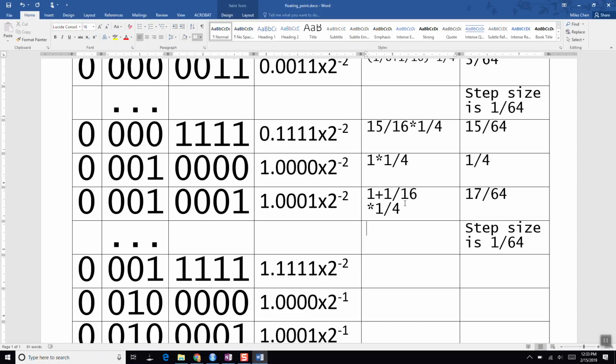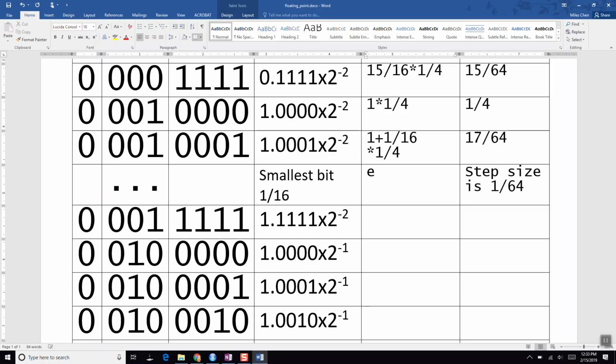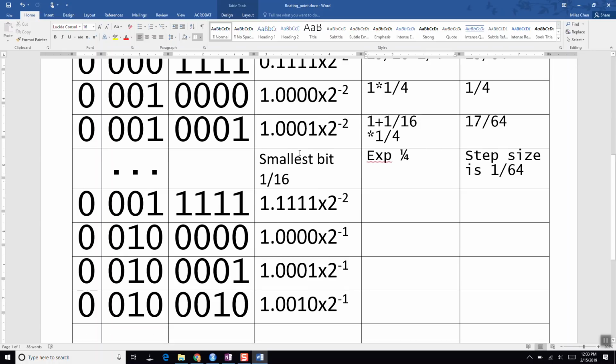Why is my step size still 1/64? The reason is because with 4 bits behind the mantissa, I can represent values as small as 1/16, and with my exponent being 2 to the negative 2, 1/4, every time I change that last bit, I'm changing it by 1/64. So smallest bit is 1/16, exponent is 1/4, so step size is 1/64.